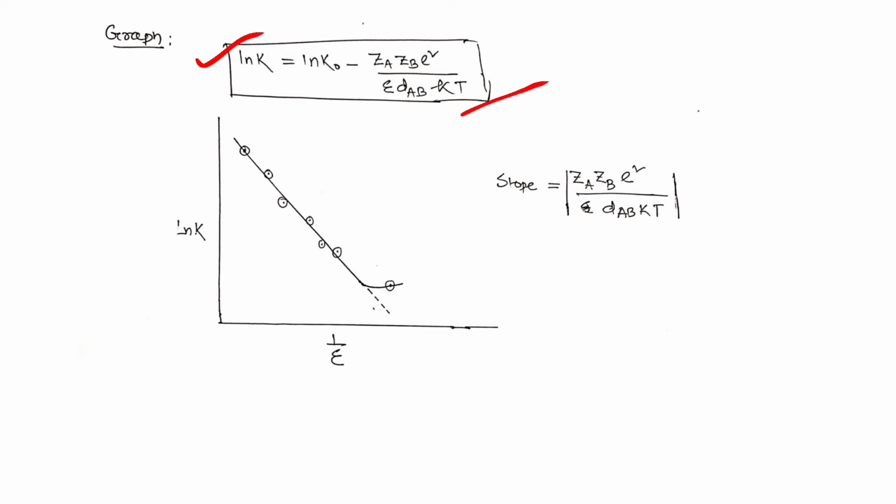First we will draw a graph between ln k versus 1 by epsilon. We can see this is a straight line having a negative slope and a positive intercept. So the intercept is equal to ln k naught. If we go this side epsilon decreases, and if we go this side epsilon increases.